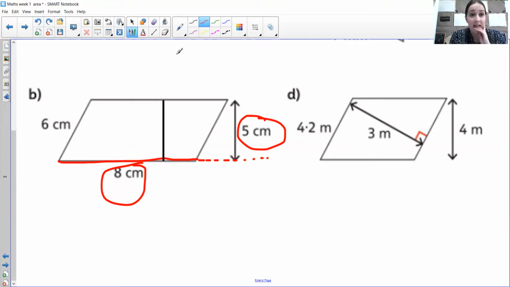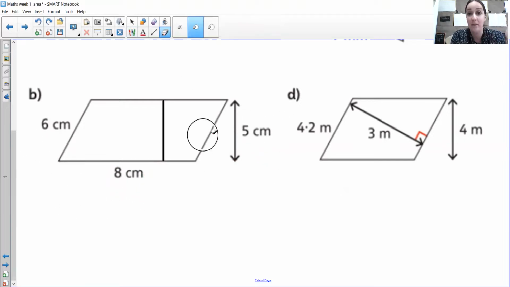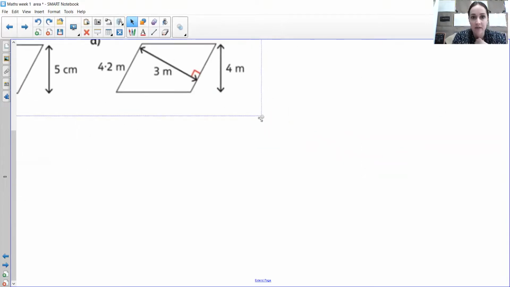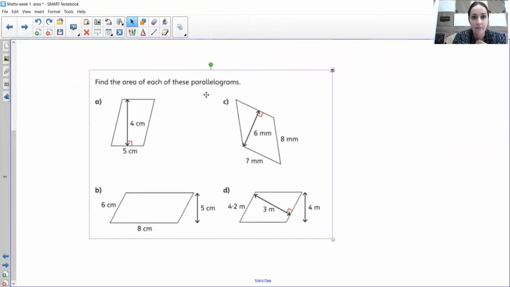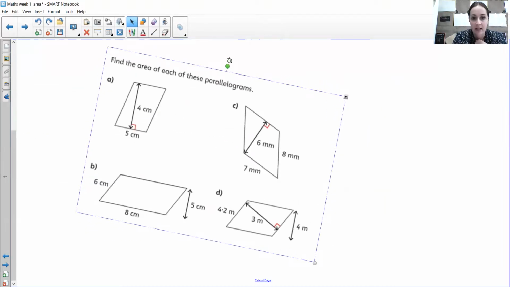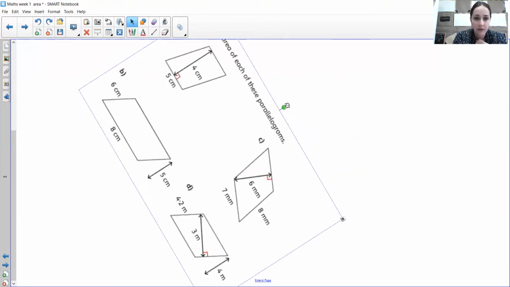Right. D is a little bit tricky, and it's really tricky because you can't just turn the page round, whereas normally I would be saying to you, turn the page round, it's going to make it easier. So I'm going to have a go at rotating it for us, which might need a little bit of resizing, and then hopefully we'll find it a little bit easier. Right, I'm rotating it.